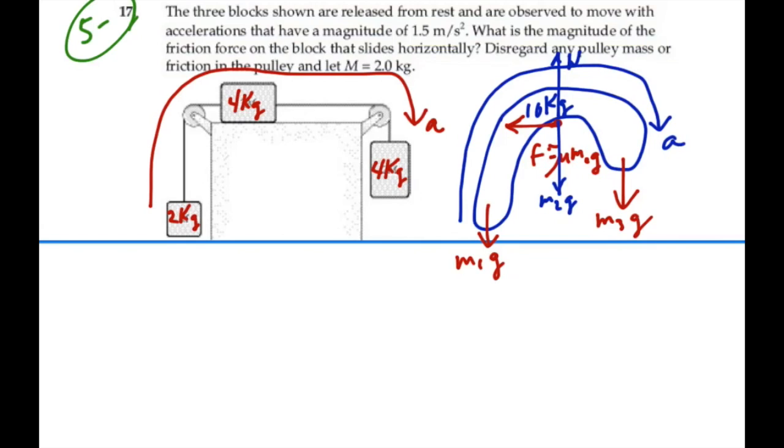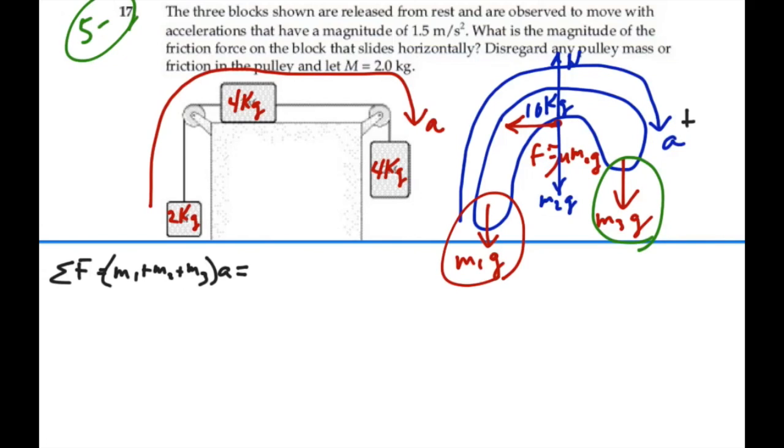So for this motion, the summation of all the forces is equal to the total mass, m1 plus m2 plus m3, times acceleration, and that is equal to the net force in the direction of acceleration, acceleration being our positive direction. So our positive force is this m3g, and our negative forces are this m1g and this frictional force.